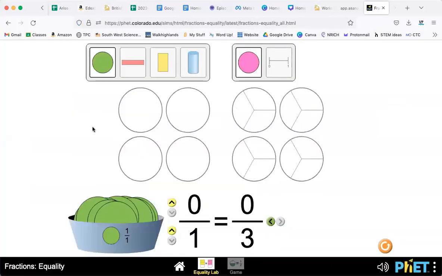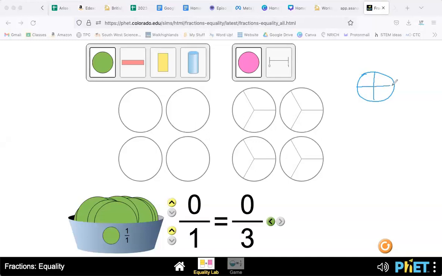Okay. So I'm going to go to this website. This is a PhET website, and it introduces the whole idea of equivalent fractions. Let me get my annotation up on this. So let's just think about a fraction to begin with. I've got a circle, and I'm going to split this circle into 4.